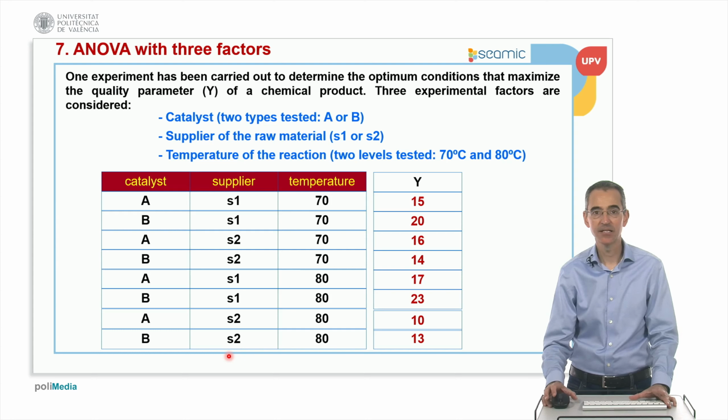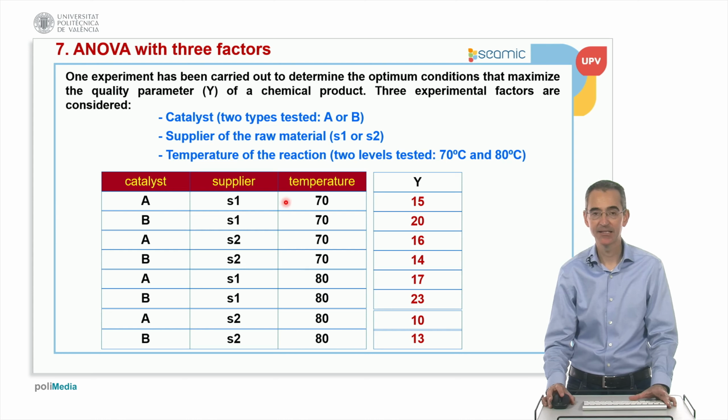Okay, so this is the matrix of the design, how it is organized. So we have tested the two types of catalysts, which are combined with the two different kinds of suppliers, and also combined with the two types of temperature. We have then two catalysts multiplied by two suppliers, and then multiplied by two temperatures.